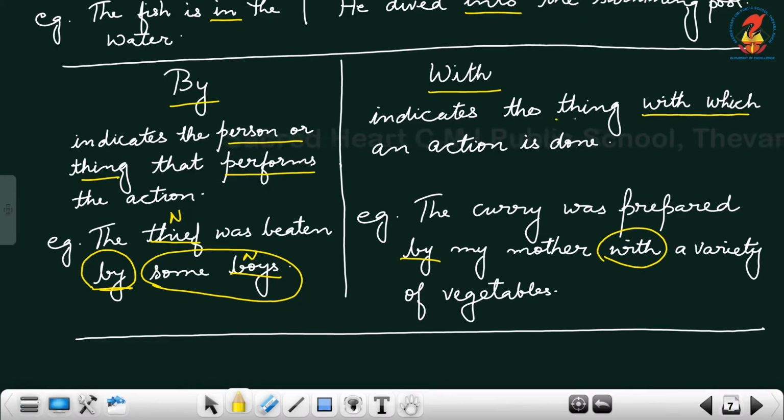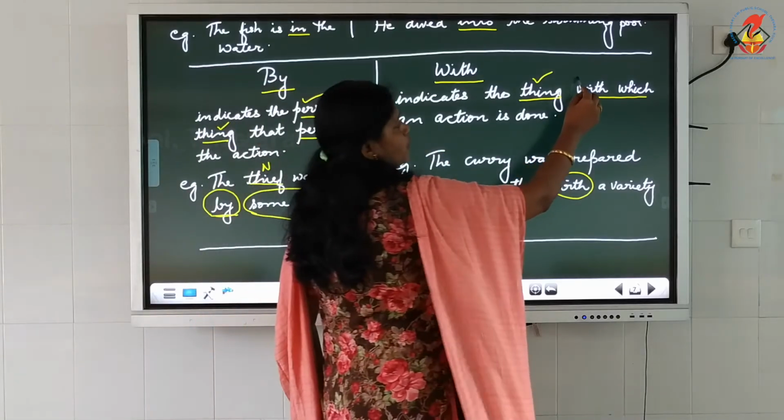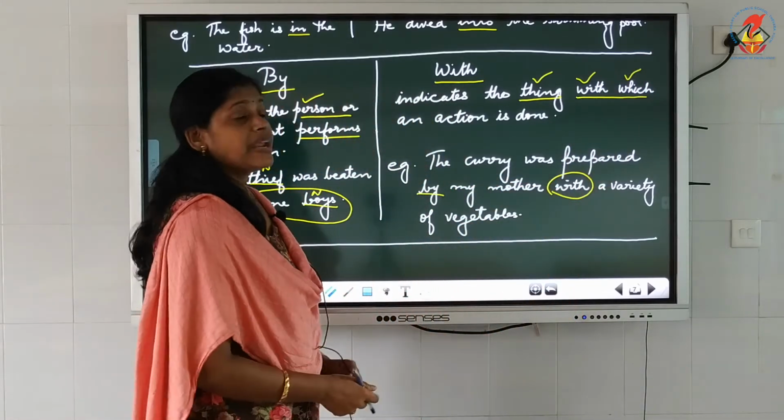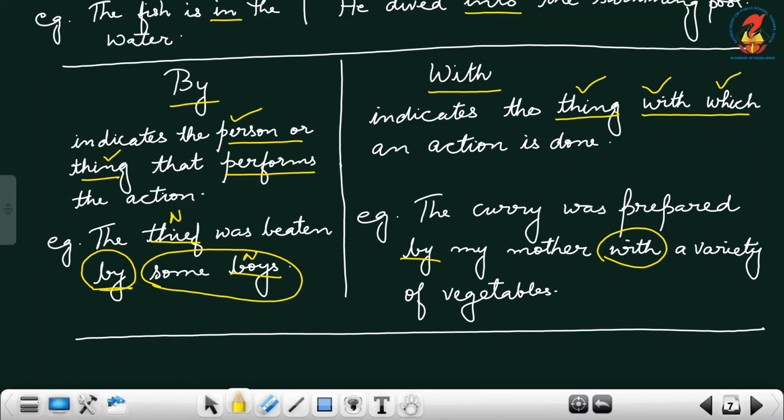Here by refers to the person or thing who is performing the action. Here with refers to the thing with which the action is done. The curry was prepared by whom? It was prepared by my mother. So this is a preposition of what, children? It shows who is doing the action, isn't it? By. Prepared by whom? Prepared by my mother.